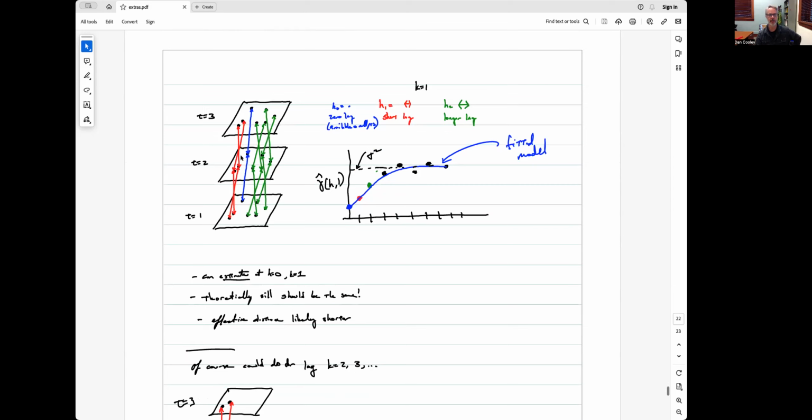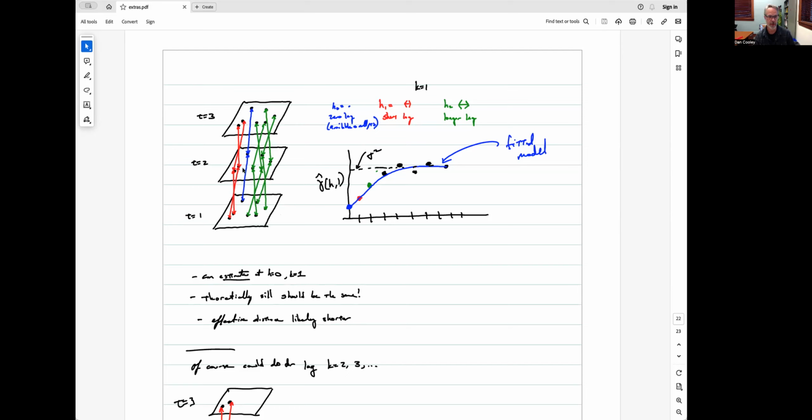So here's my picture again. I've got the same points. Here's time 1, time 2, time 3. Let's do the red point first. What we're estimating is gamma hat of h, time lag 1. So h1 is going to be this short lag, but we're not going to take this pair and combine them anymore. We need to take pairs of points which have a distance about this apart and who are time lag 1 apart.